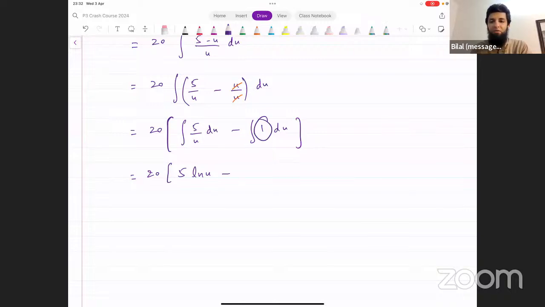What's the integration of 1? Should it be x?